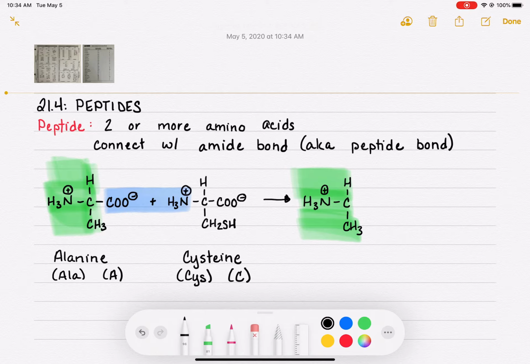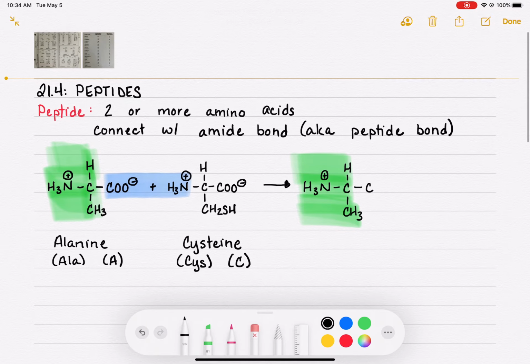So for the linkage, the amide bond or the peptide bond between these two amino acids, the alanine is going to contribute its carbon and one of the oxygens in the COO group. So this right here is going to be, I'm going to actually change my color coding over here. What I've shaded in blue is this much of the alanine molecule right here.